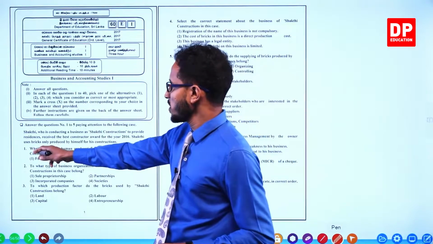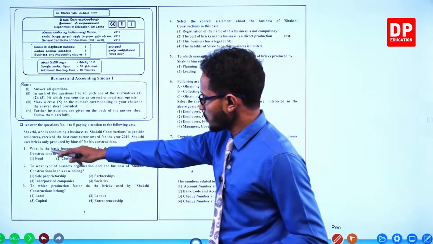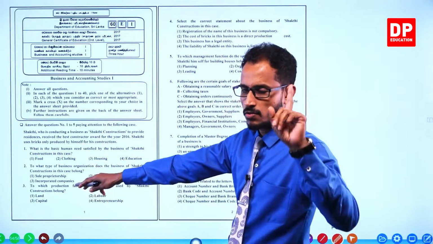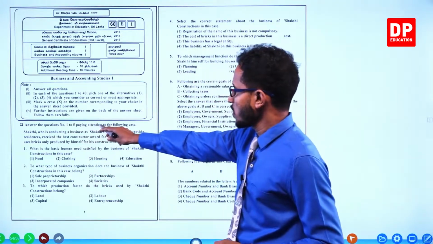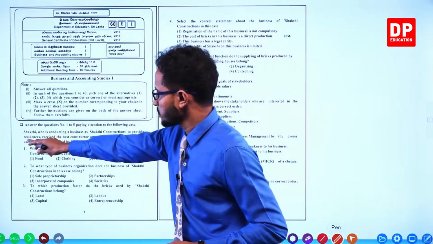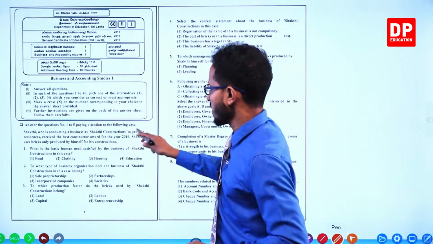The first question to the fifth question, question number 1 to question number 5, is given from a case. Here is the case.